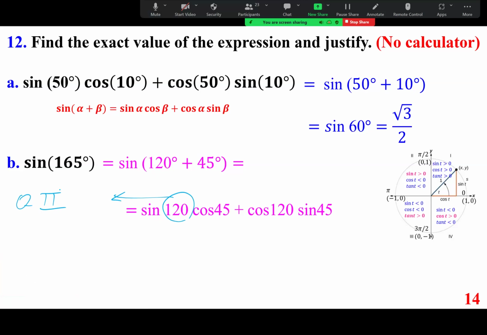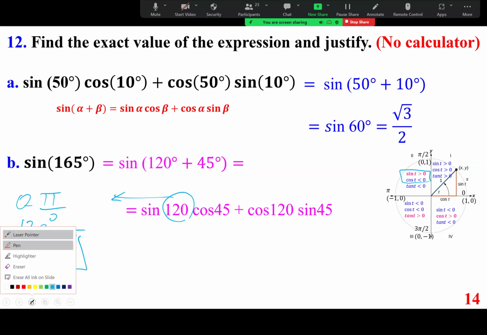In quadrant 2, sine is positive, cosine is negative. And for 120 degrees, the reference arc is 60 degrees. So subtract this from 180. That's the concept to find the reference arc.